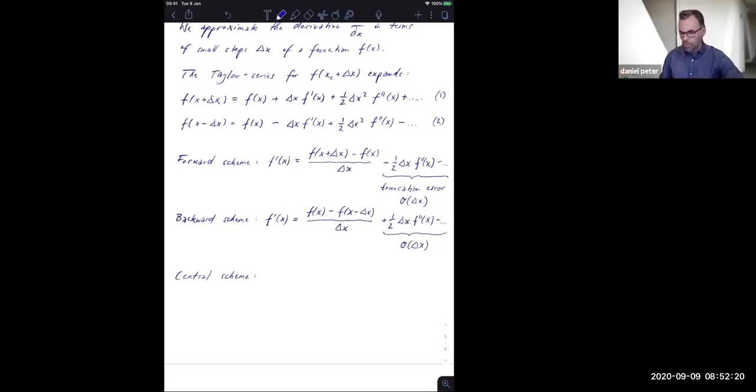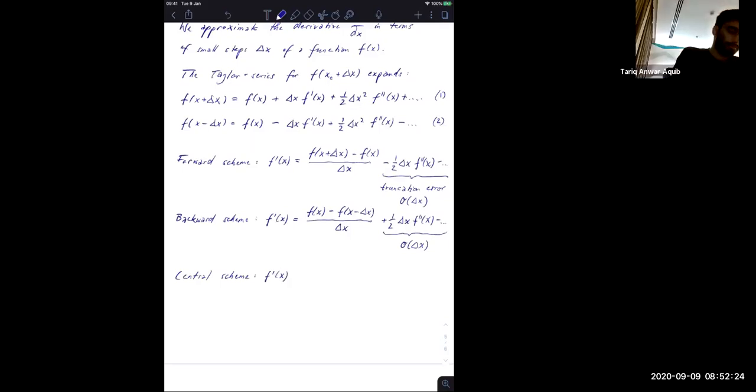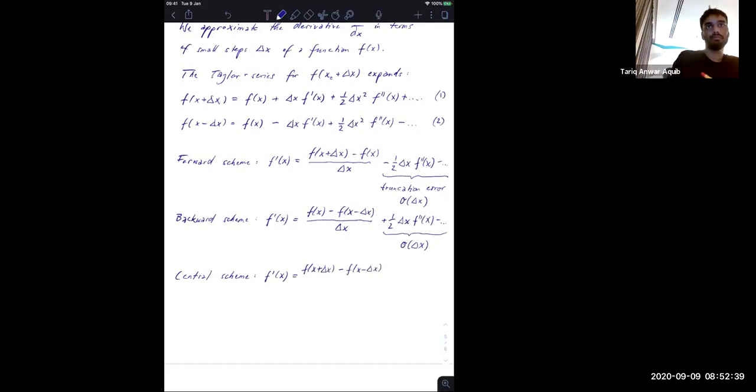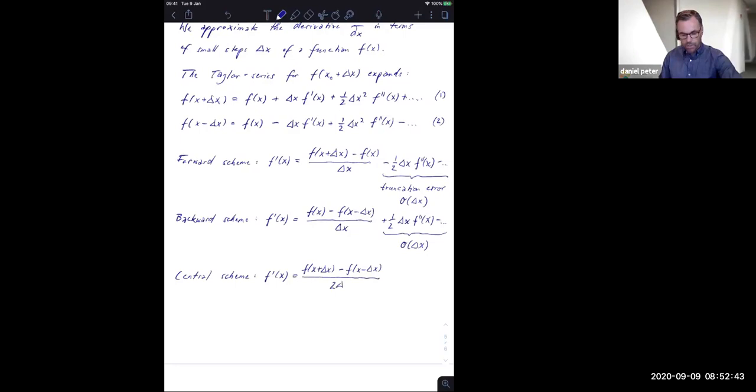You see both expressions. So a center scheme for the first order derivative we can define as f of x plus delta x minus f of x minus delta x, divided now by the step size, which is 2 times delta x.